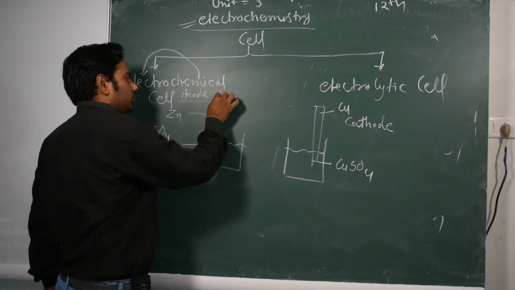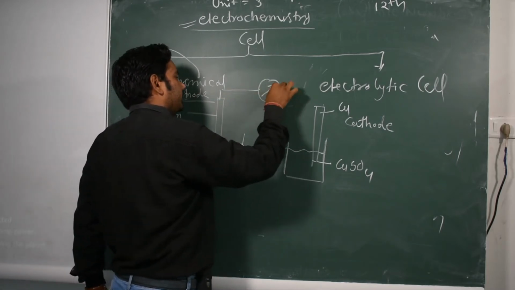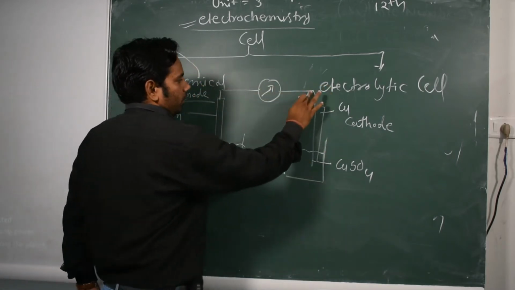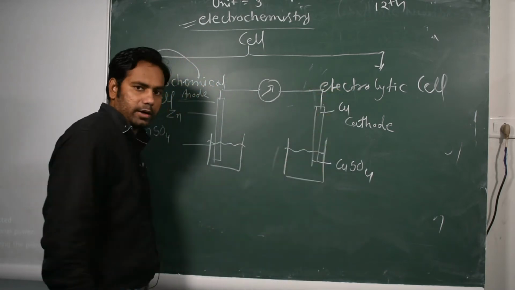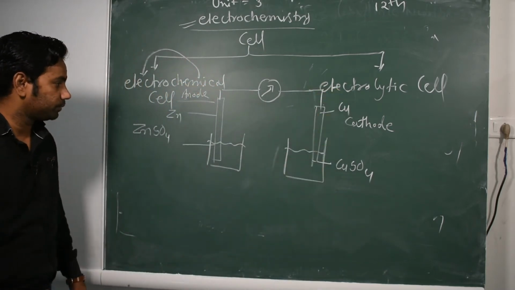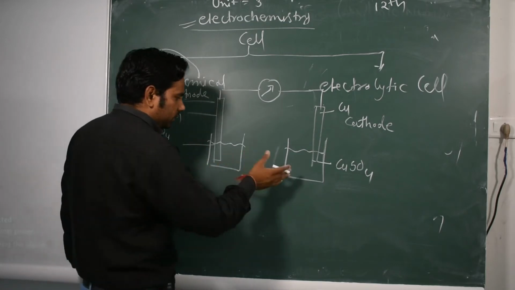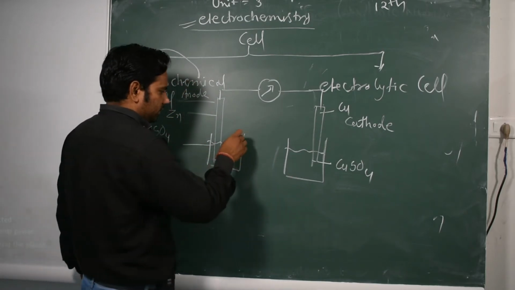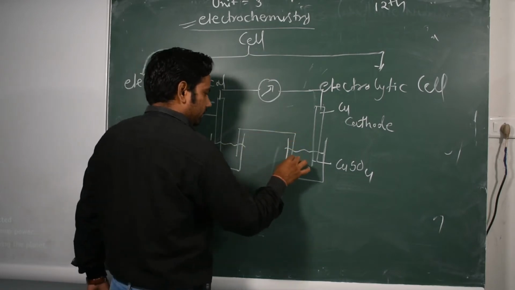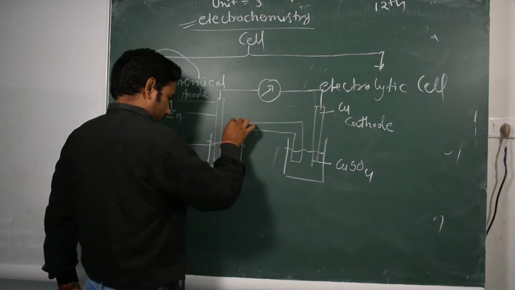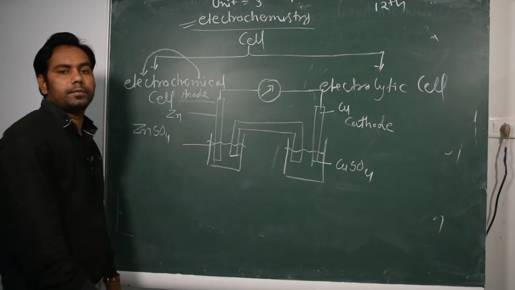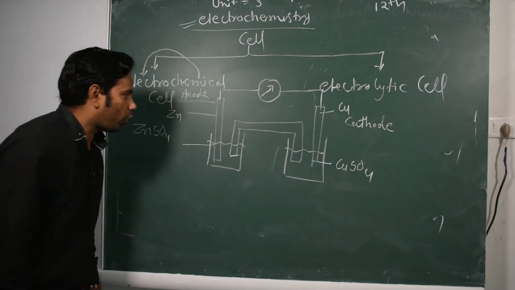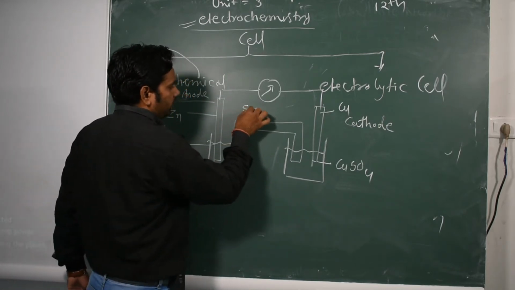Both electrodes are joined with the help of a voltmeter for detecting the movement of electrons. Then both containers, or both electrolytes, are connected with each other by the salt bridge.